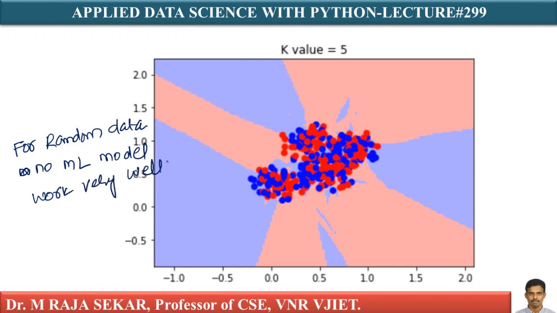If you keep on increasing this K value, the red class will not be separated from the blue class. So this is called random data. Whatever the value of K, it is not possible to separate these red points from blue points.